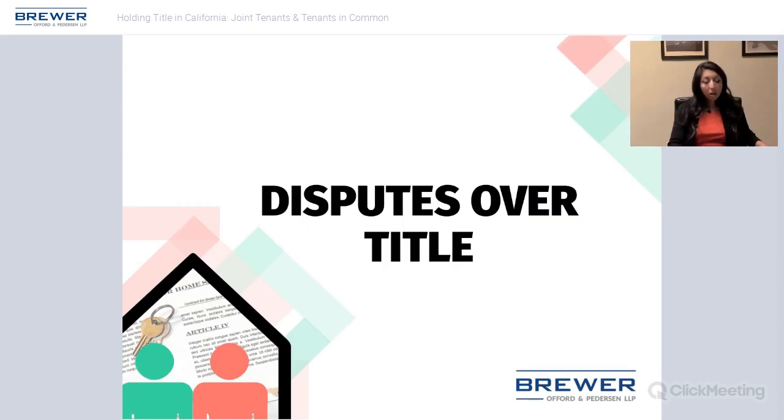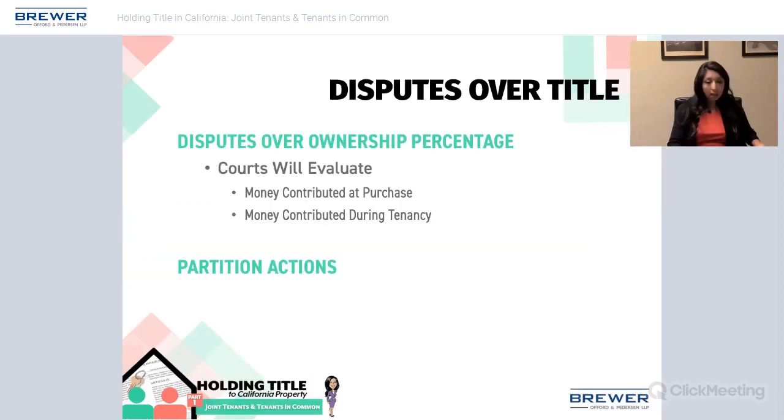Okay, so now the real reason that actually brought me to this topic. As I've said, we had a lot of issues coming up with JTs and TICs coming in and either transferring the property out, not truly understanding what it meant when they entered into it 5, 10, 15 years ago.